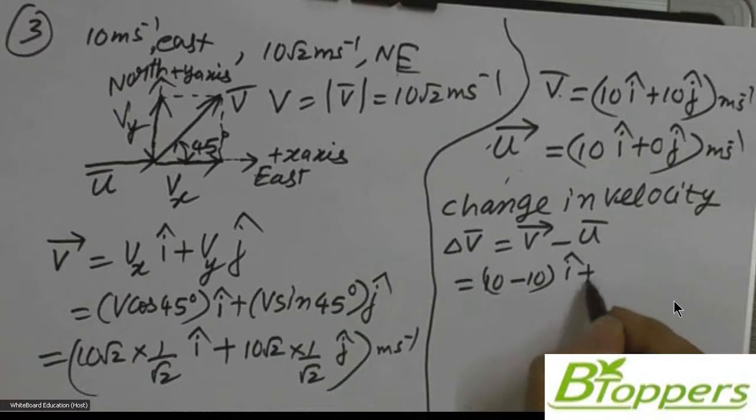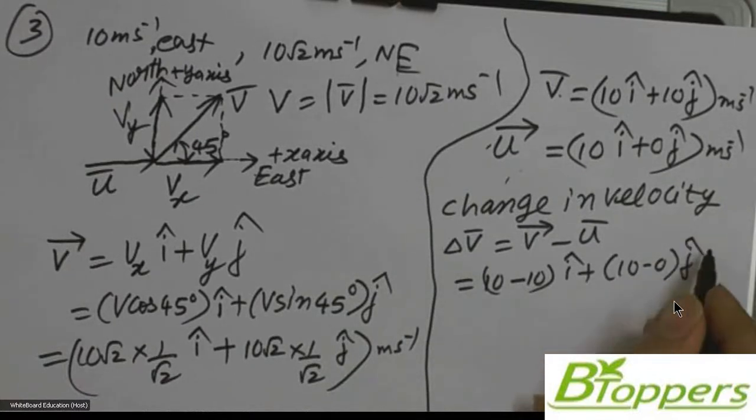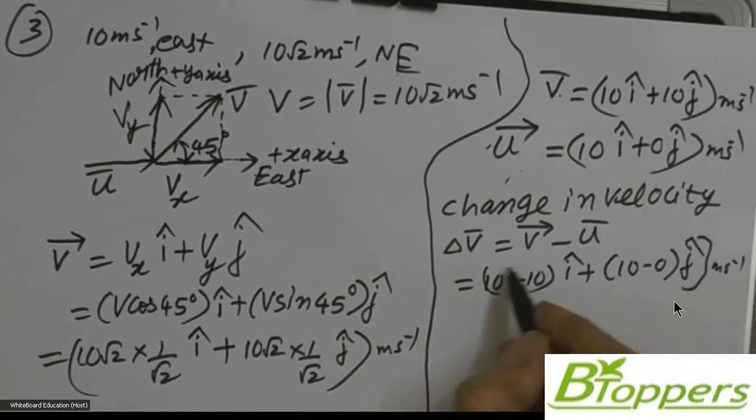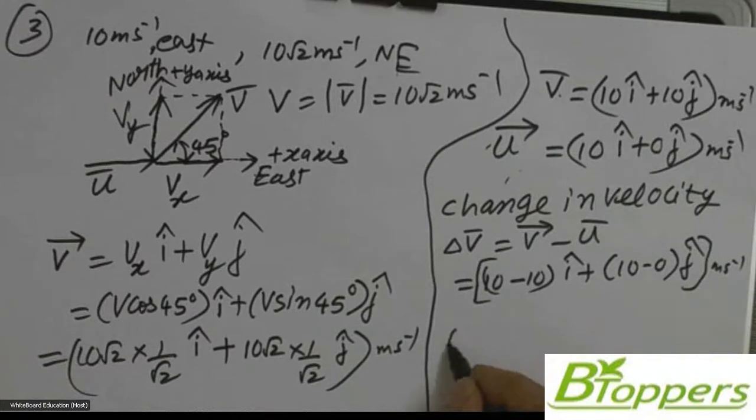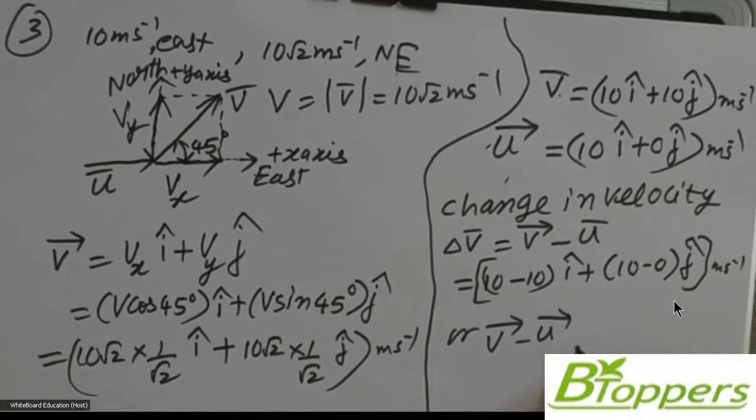Next 10 minus 0 j cap meter per second. So the change in the velocity of the particle, you get 0 i cap plus 10 j cap meter per second.